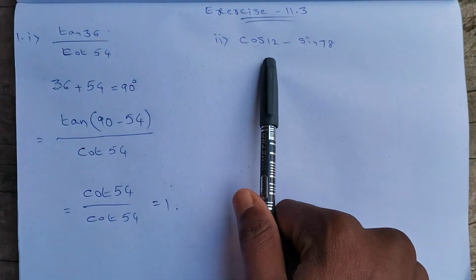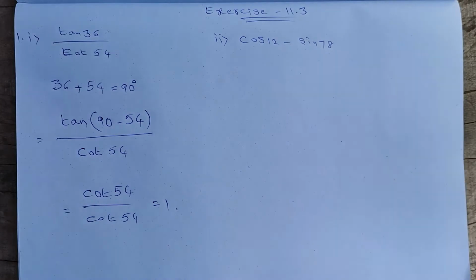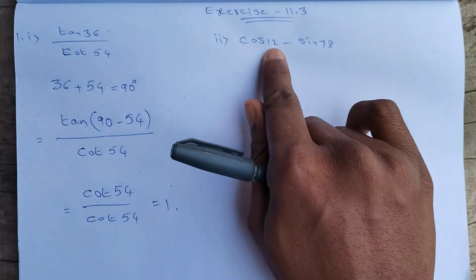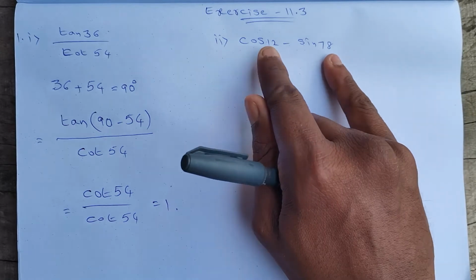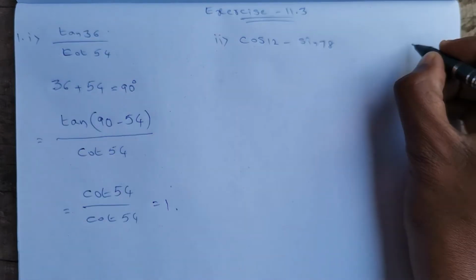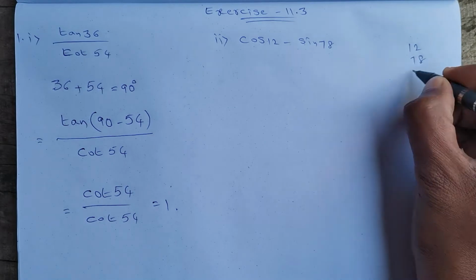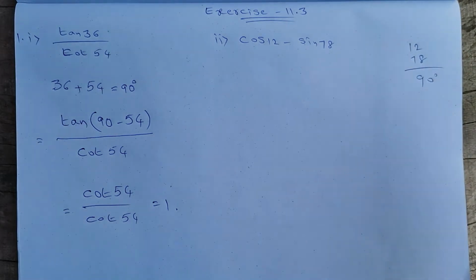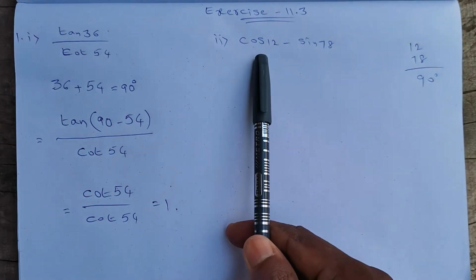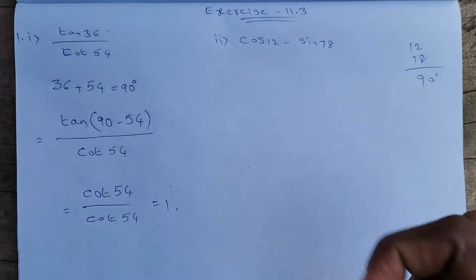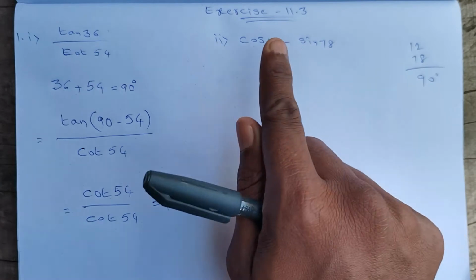What is the value of cos 12 minus sin 78? Okay, first thing, add the angles which are given, that is 12 and 78. If we add 12 and 78, we get 90 degrees. So again this logic is applicable. Now here either the first term or the second term, only one we need to change, not both.